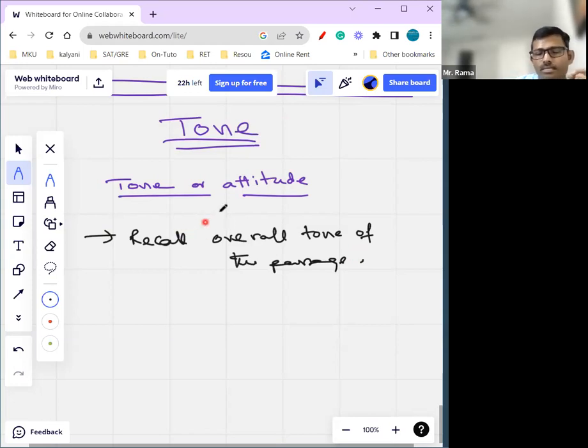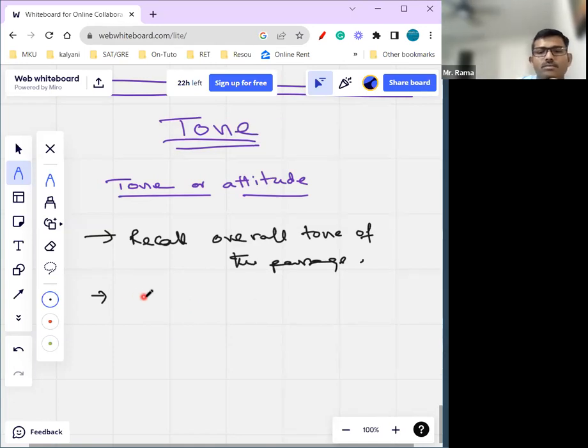Okay, again, when you see this type of question, they can say, what is the author's attitude towards the particular topic, or maybe from this line to this line, what's the tone of it? You're going to think of the overall tone of the entire passage, and then whatever word they give you, let's say critics, what is the author's attitude towards them, you're going to see how that particular specified portion fits the overall tone.